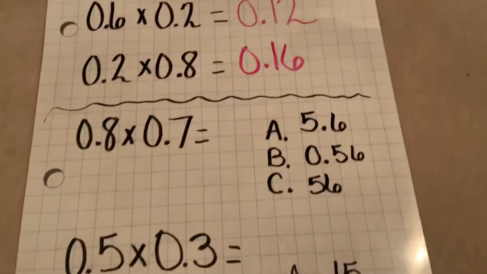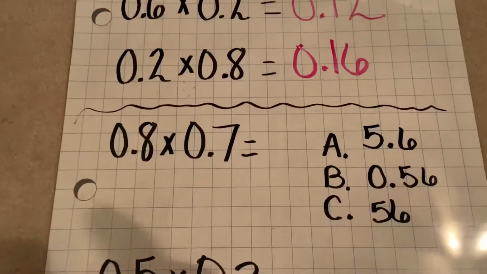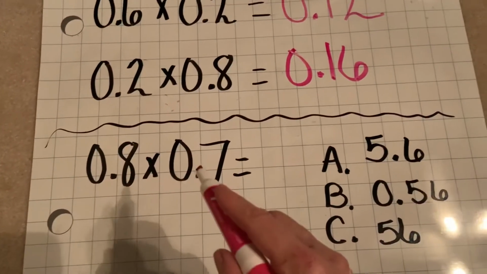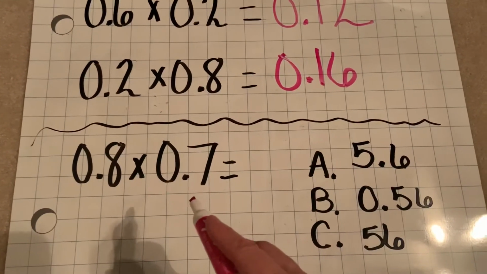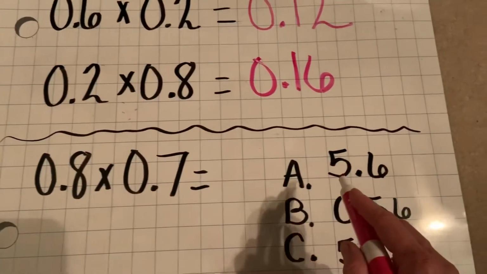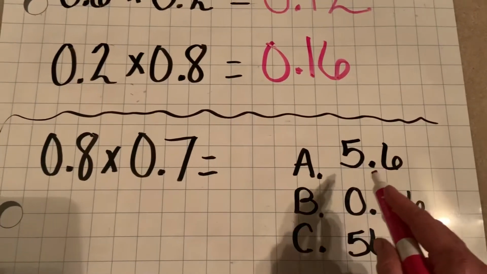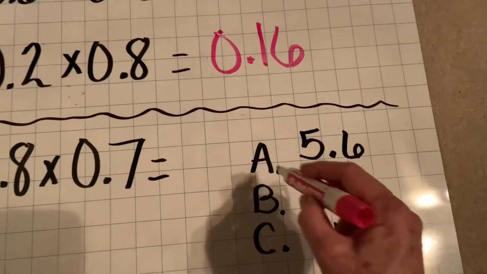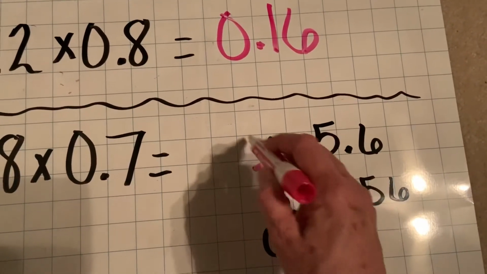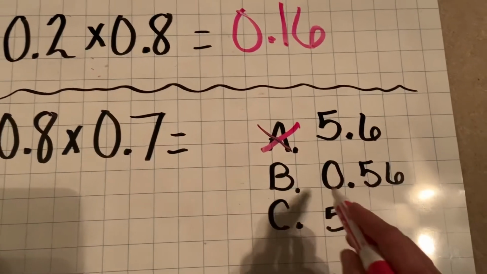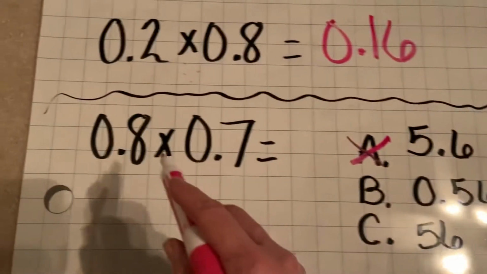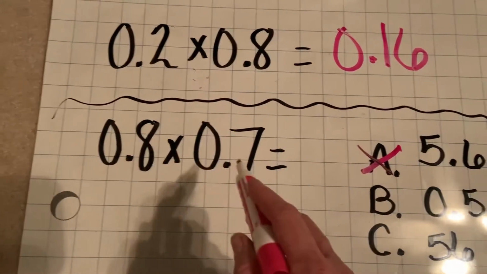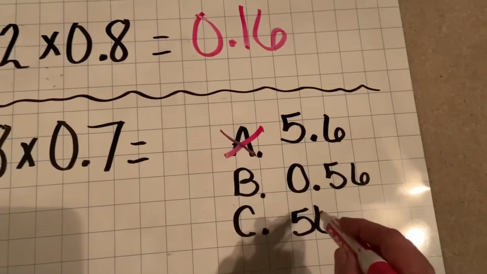So if we look here, and this is going to help us with estimation of products, we have 8/10 times 7/10. So would the product be 5.6? That would be greater than both factors, so I could eliminate A. Now, is 56 hundredths less than 8/10 and 7/10?